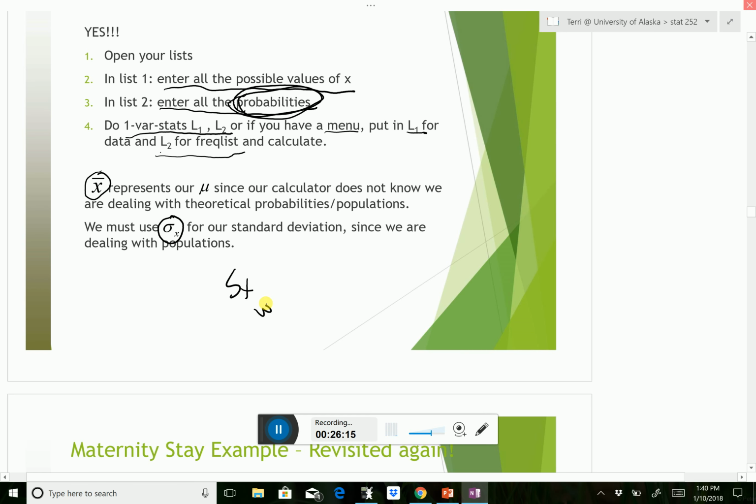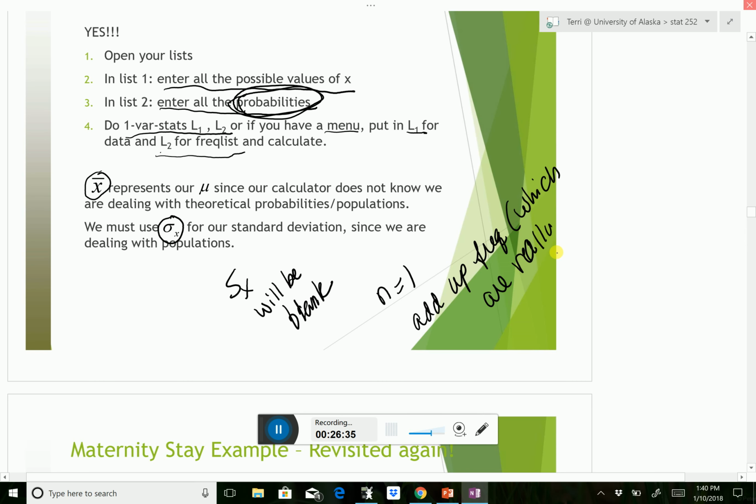S of x will be blank in this case because n is 1. And the reason that n is 1 is because if you add up the frequencies, which are really probabilities, they should equal 1.